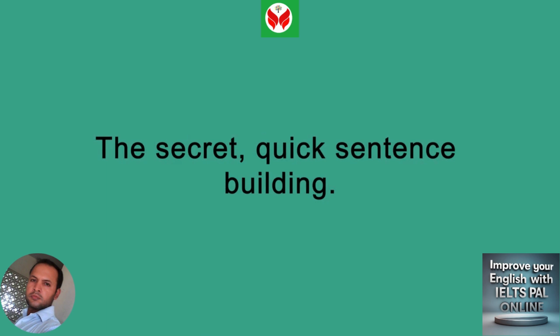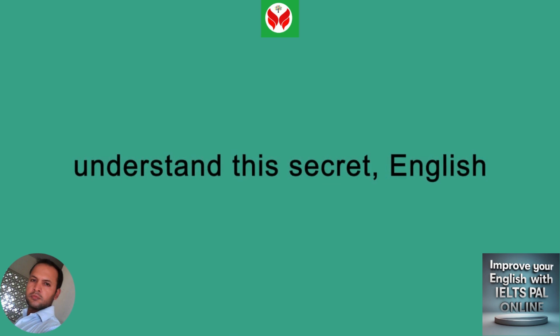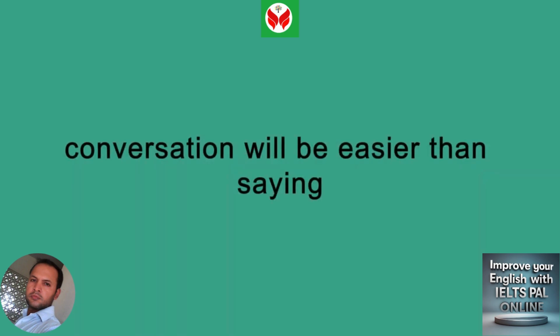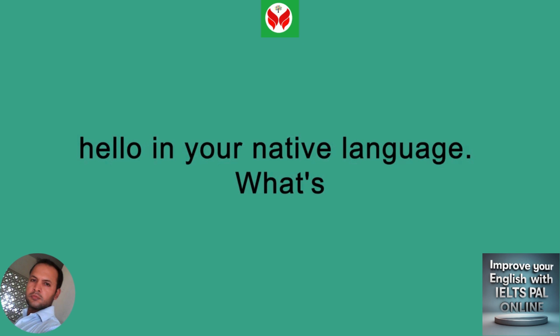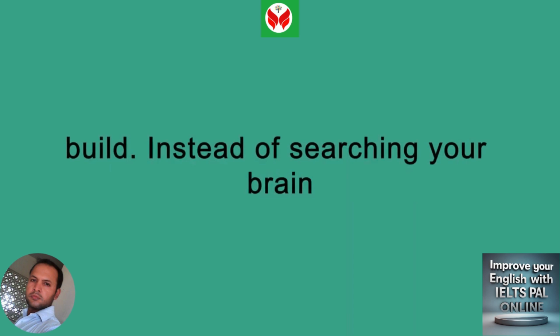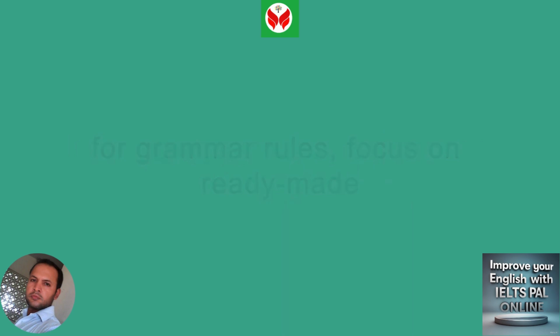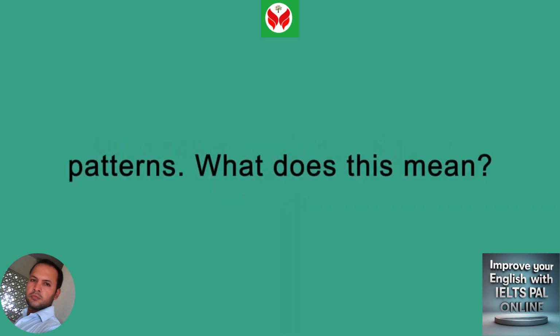The secret: quick sentence building. Here's a huge secret. If you understand this secret, English conversation will be easier than saying hello in your native language. What's the secret? Don't think, just build. Instead of searching your brain for grammar rules, focus on ready-made patterns. What does this mean?